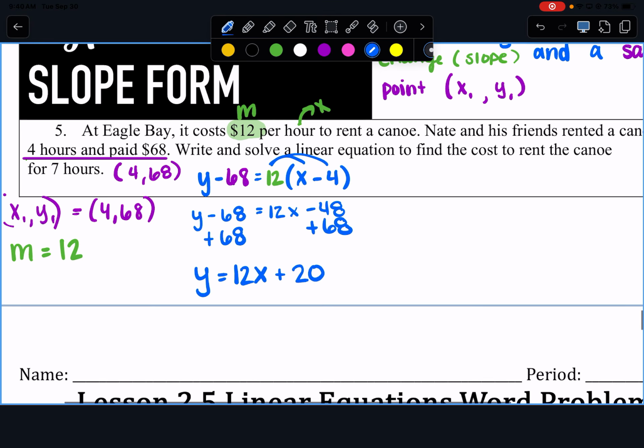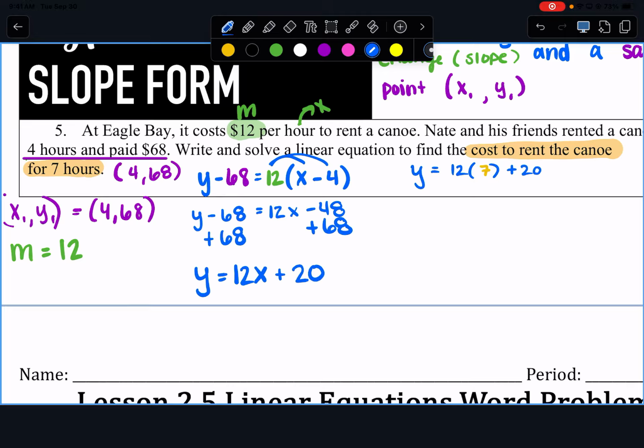And now we have to find the cost to rent the canoe for 7 hours. What do I need to plug in 7 for? X. So I'm going to do y is equal to 12 times 7 plus 20.